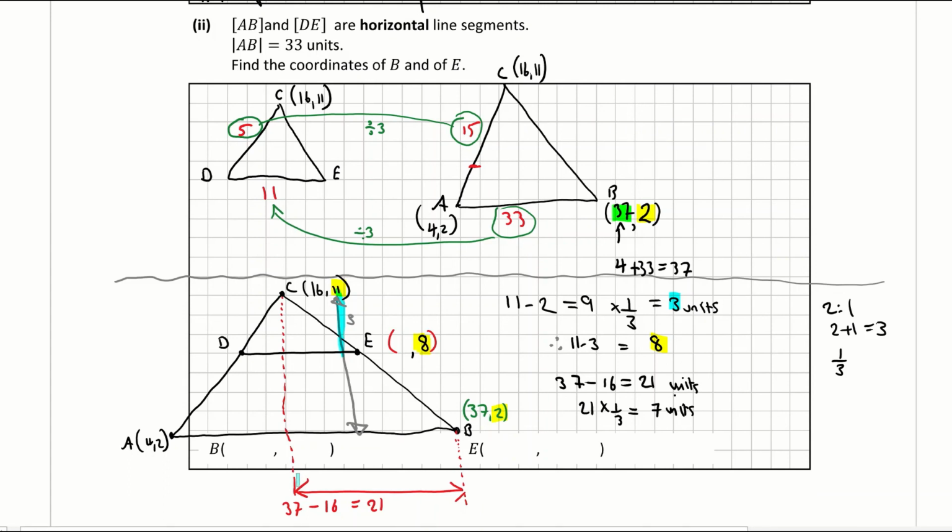I'm starting at 16 and I want to come over 7 units because it's going in the positive direction. So I need to add on 7 to 16. Therefore 16 plus 7 brings me up to 23. So my x is going to be 23. Filling all that information in now, I have B as 37, 2 and I have my E as 23, 8.